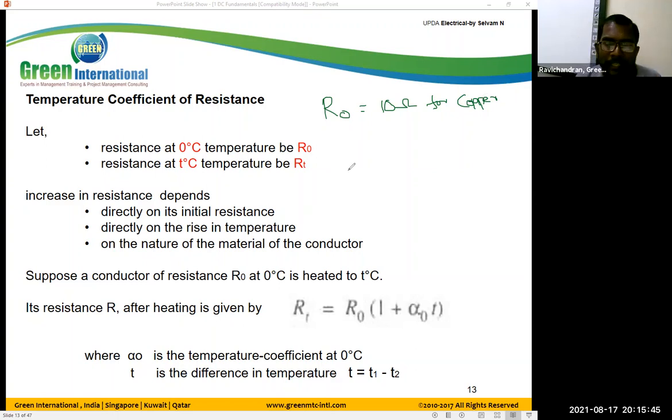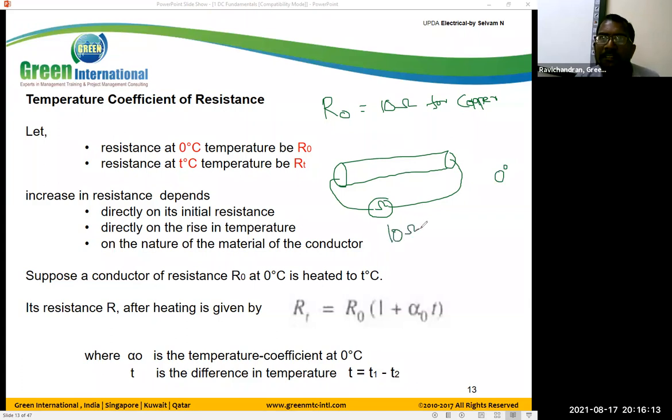Now I take a copper wire and measure the resistance at 0 degrees. How much resistance will show? 10 ohm will show. Correct?